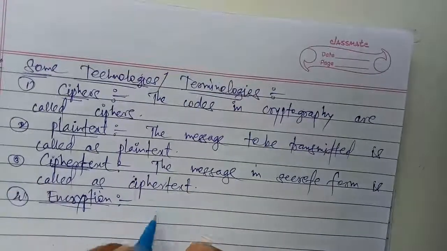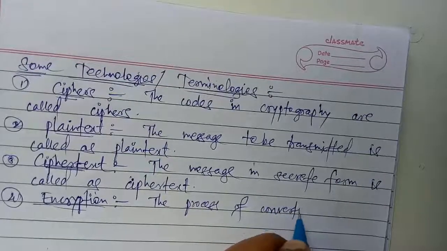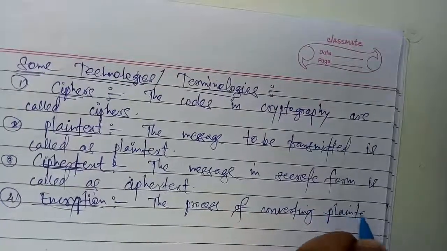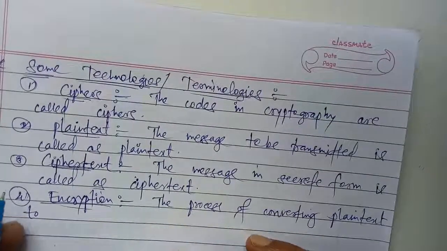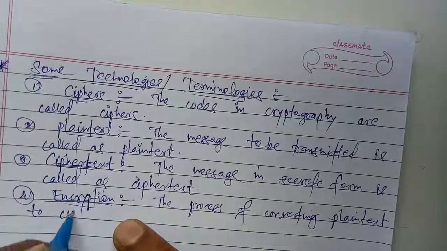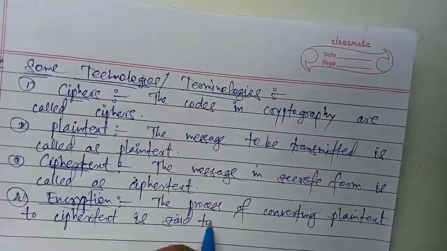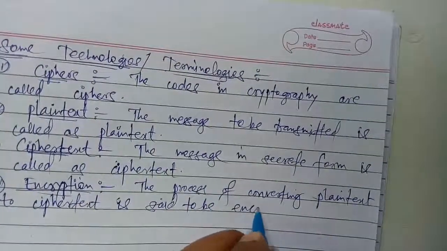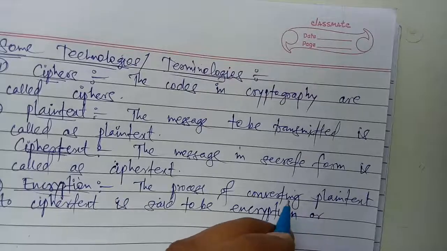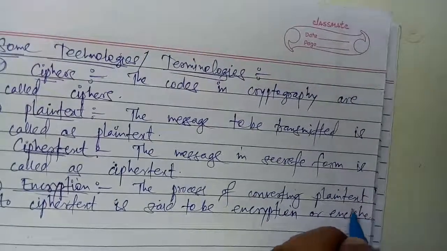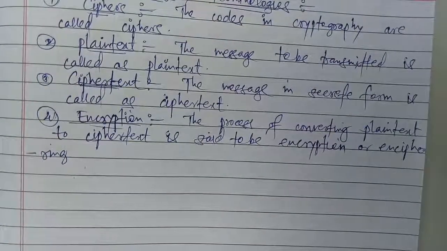The process of converting plain text to cipher text is said to be encryption, or enciphering.